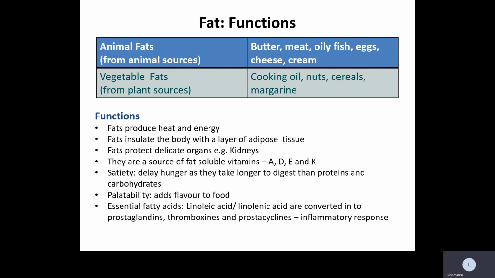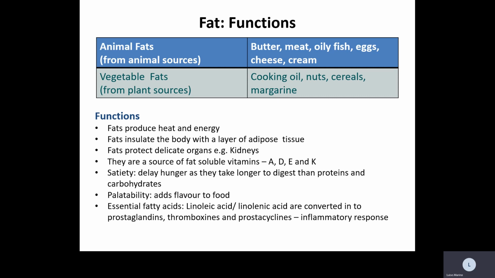So in terms of fat, animal fats are saturated fats. So they are butter, meat, oily fish, eggs, cheese and cream. Oily fish actually aren't saturated fats.